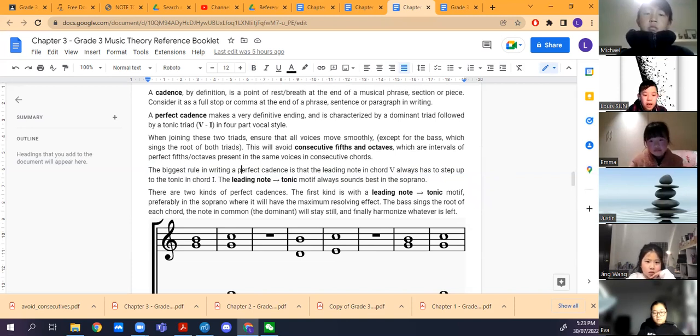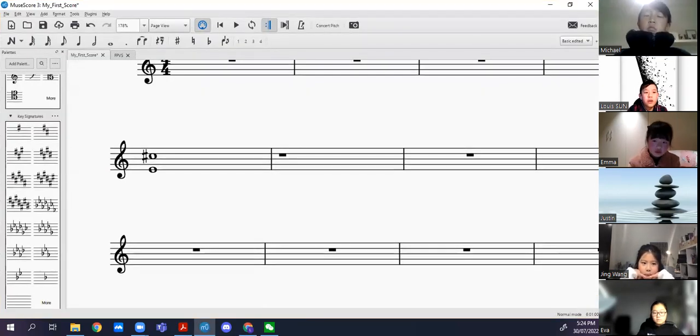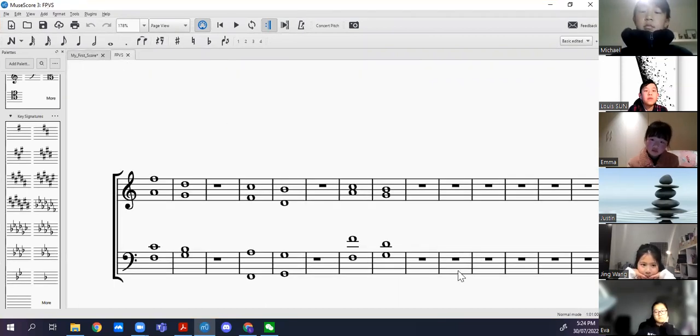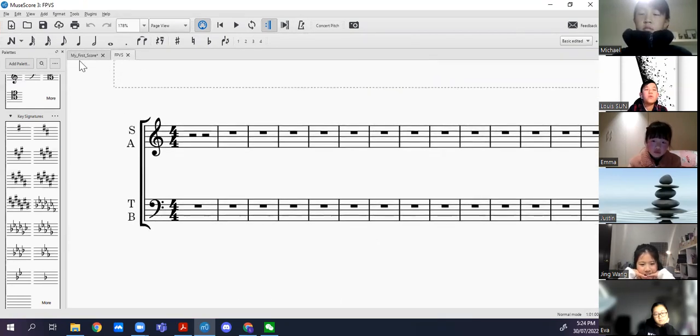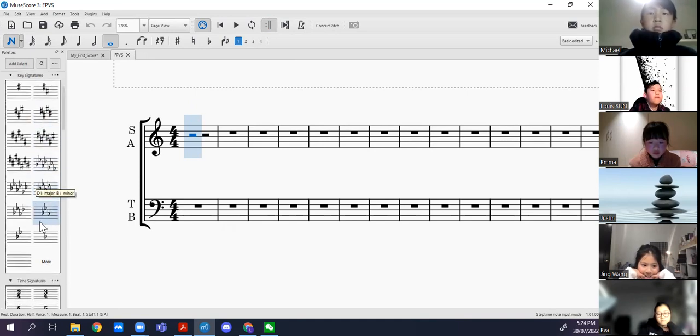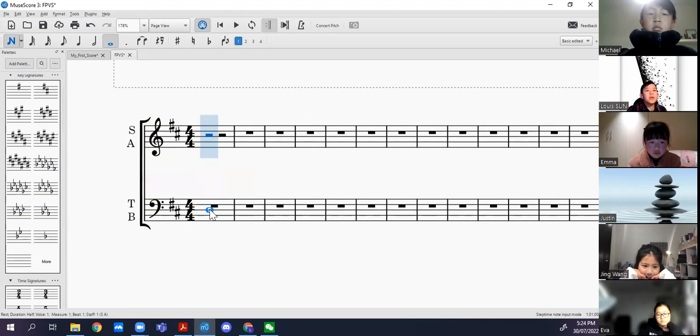I'll share a harmony, and, right. So, I'm just going to designate bass notes, and we're going to write a perfect cadence in D major.